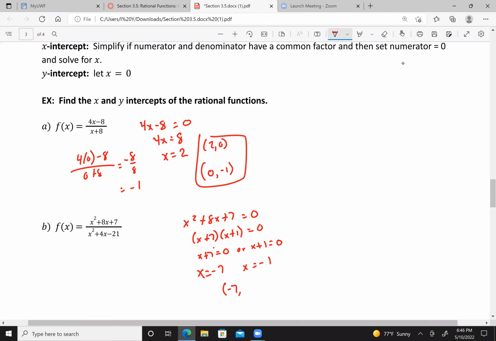We have negative 7, 0, and negative 1, 0. Okay, now to find the y-intercept, let x equal 0. f of 0, we have 0 plus 0 plus 7 over 0 plus 0 minus 21. 7 over negative 21 equals negative 1/3. So we have 0, negative 1/3.